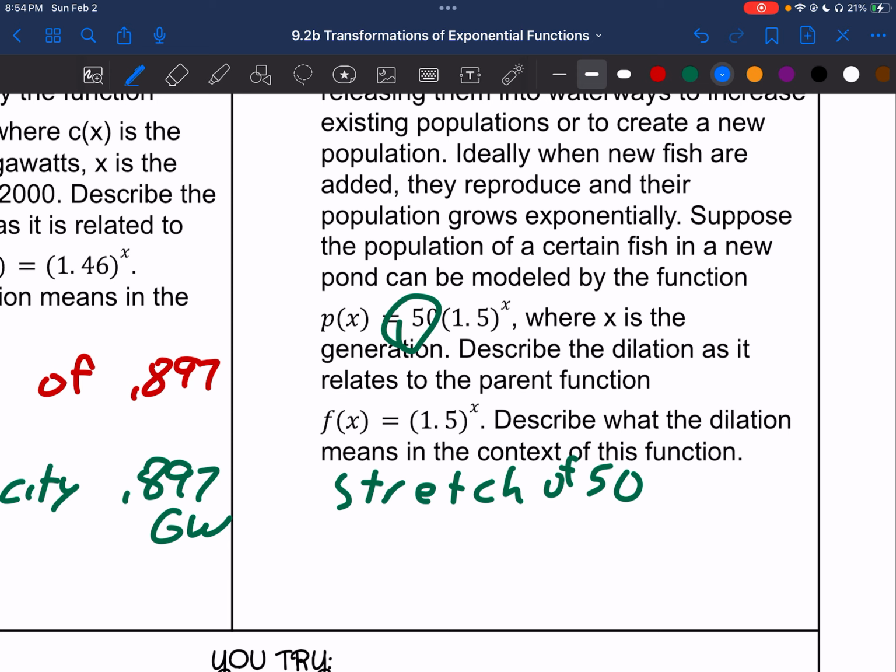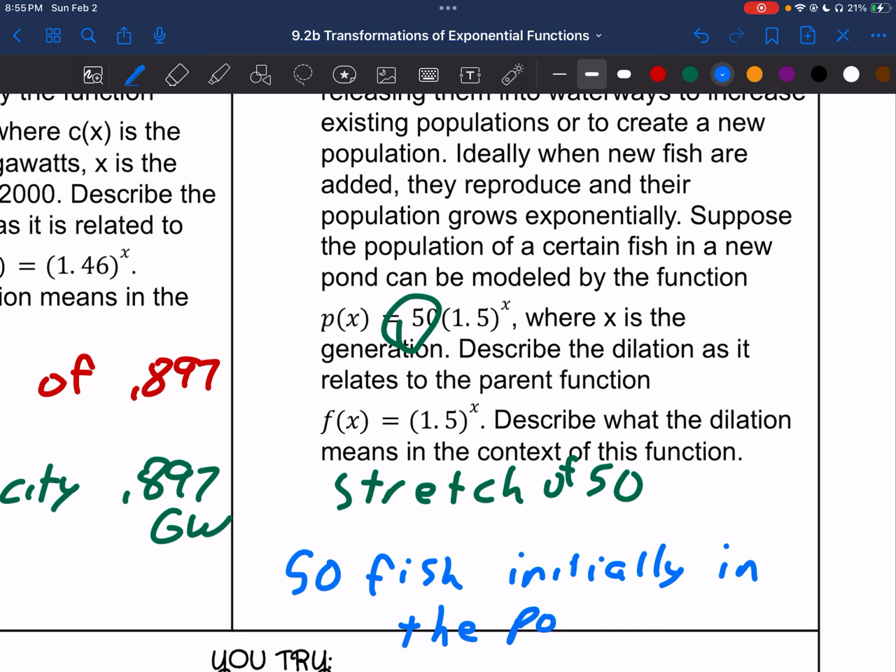That generation 0. Nothing has changed, but we're multiplying it by 50. That is going to show us that we are starting with 50 fish initially in the pond. Right? Our starting population is 50.